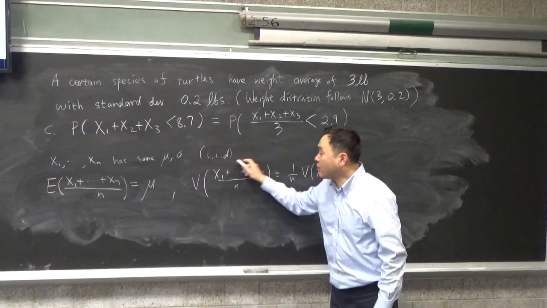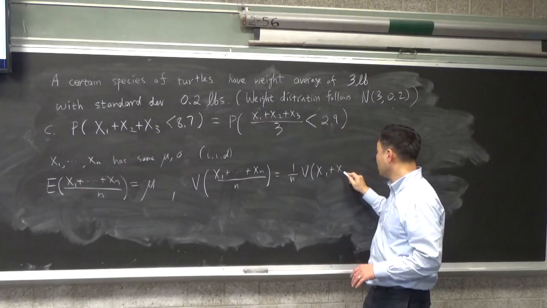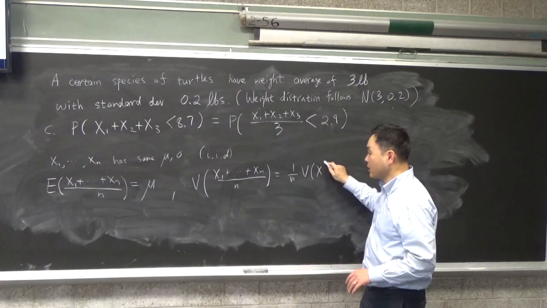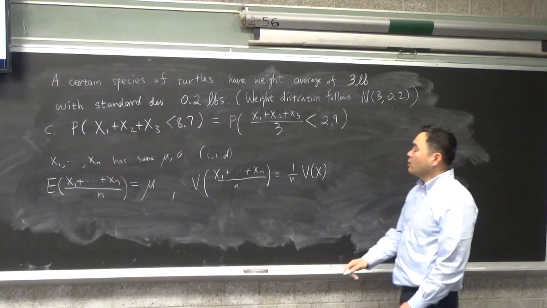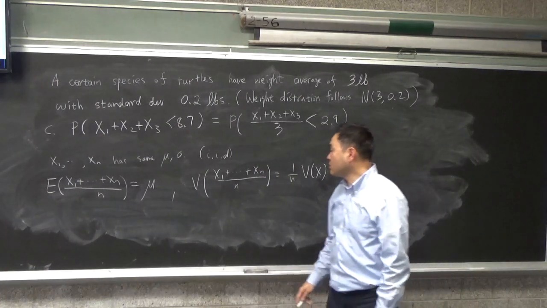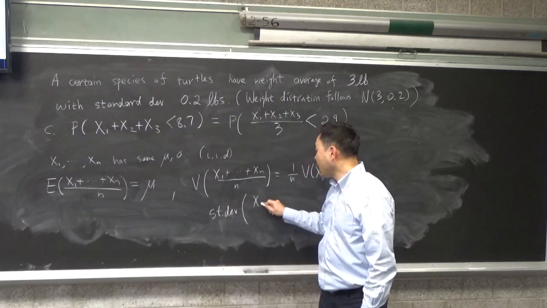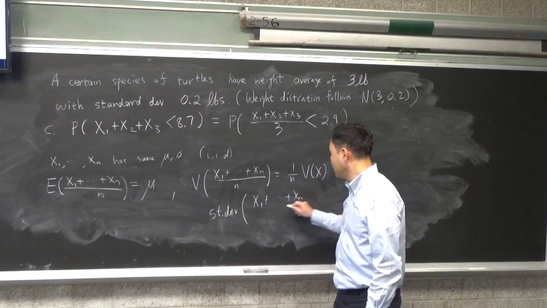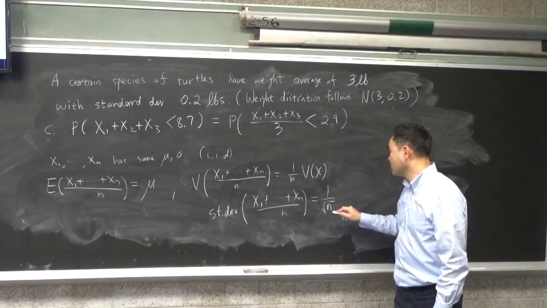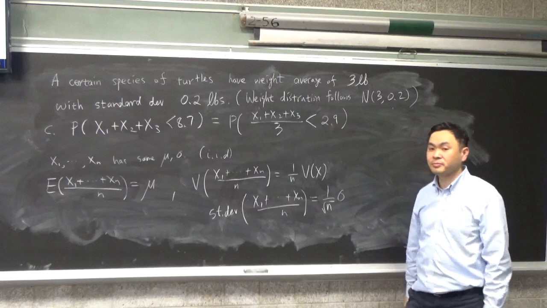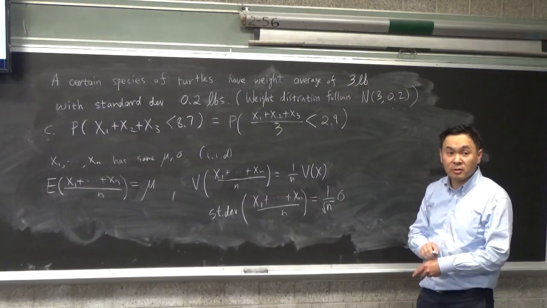So this average quantity will have less variance. And what that means is that the standard deviation of this average quantity goes down by 1 over square root of n.